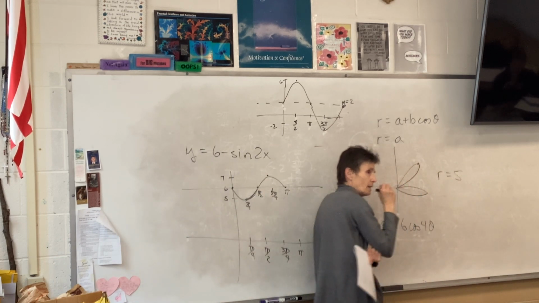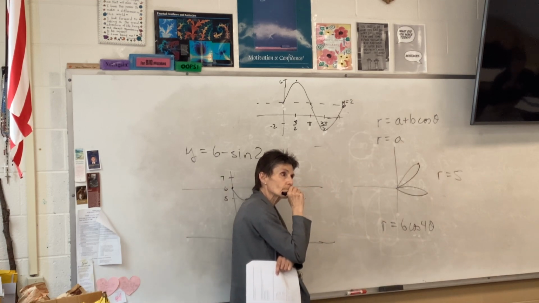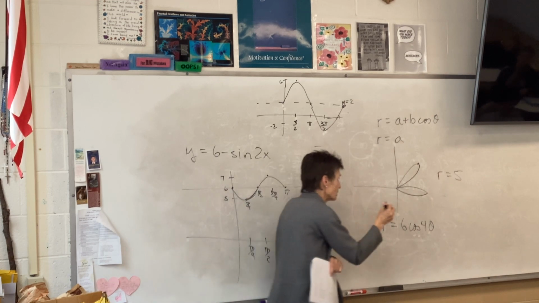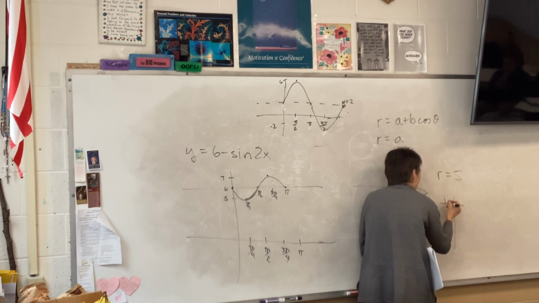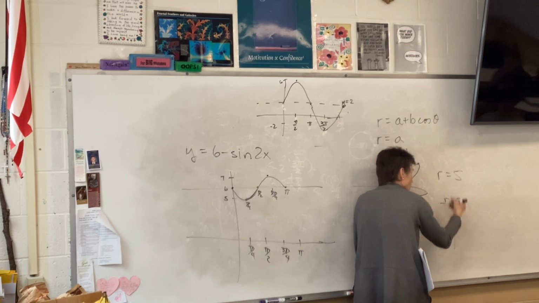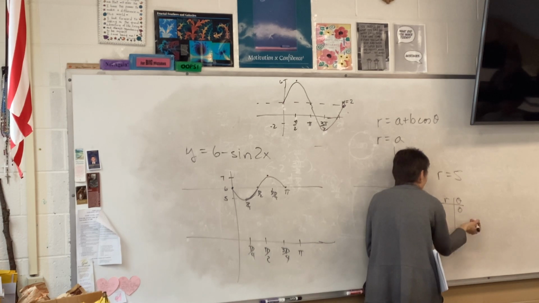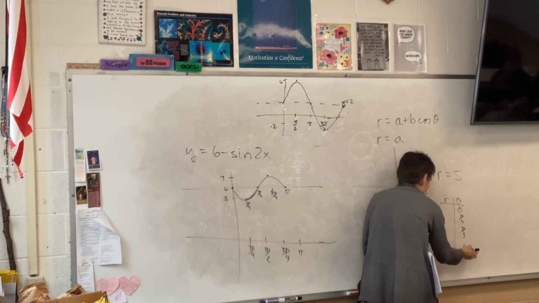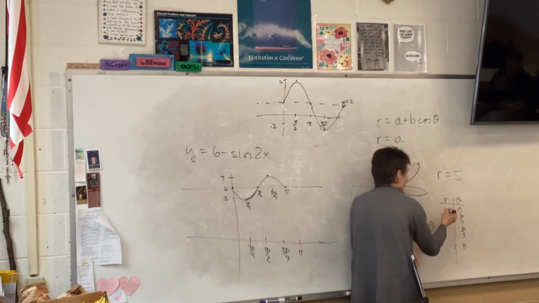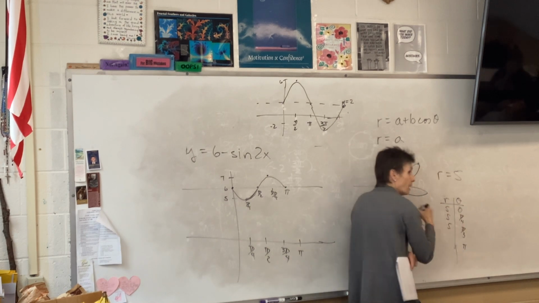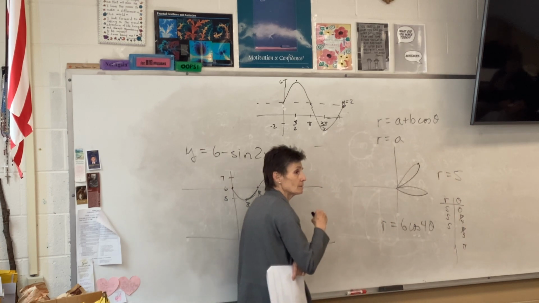What does that look like? That means if you set up your T-chart, every angle theta, make them up, whatever, all the angles of theta would have an r value of 5.